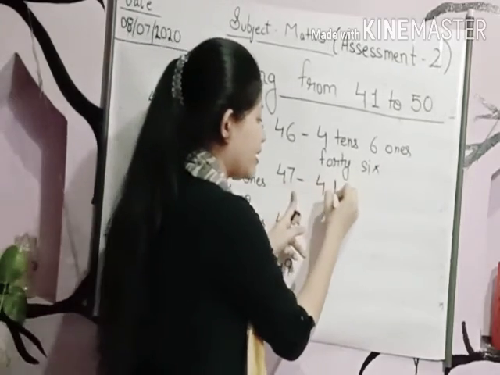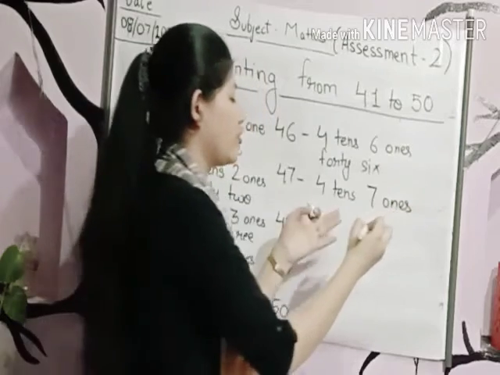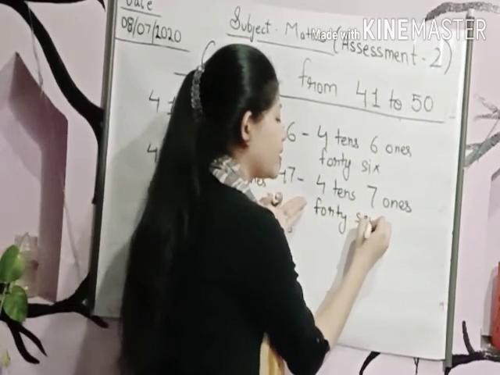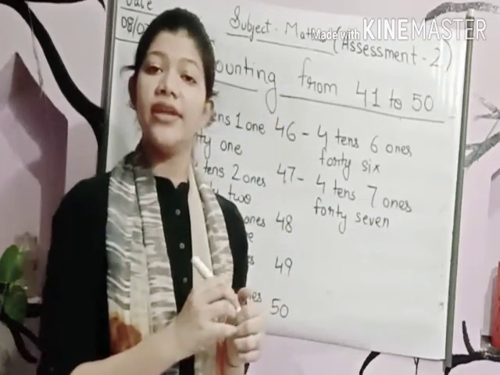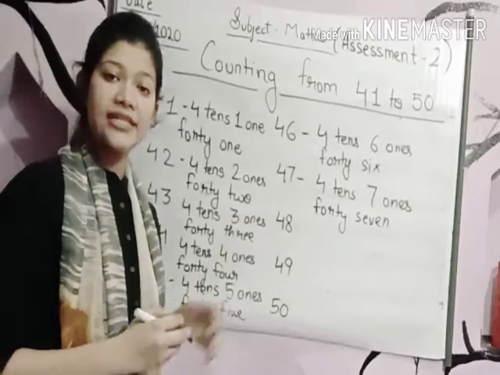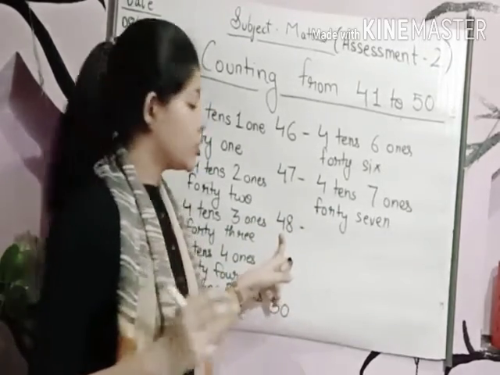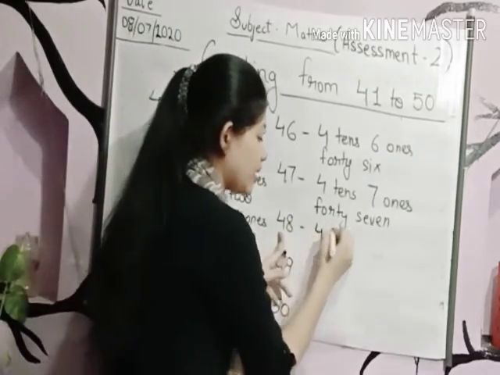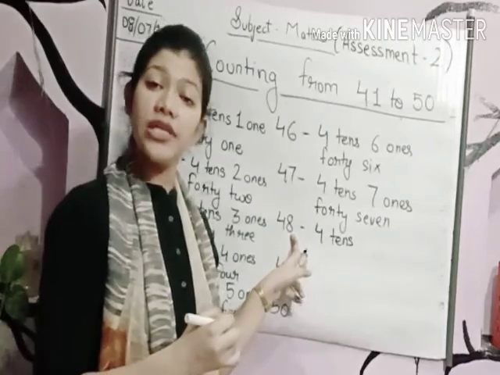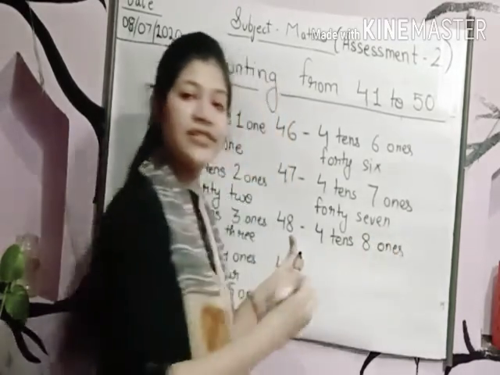Now let's come to the next number, 47. This also we can write as 4 tens, 7 ones. We can write it as 47. Now let's come to the next number, 48. Now see, this number is also of 2 digits. So 4 will be placed at the tens place, so we will write 4 tens, and 8 will be placed at the ones place, so we will write 8 ones.